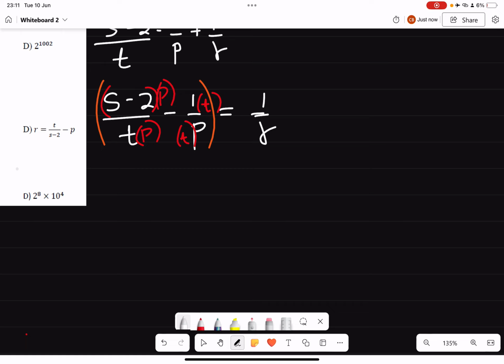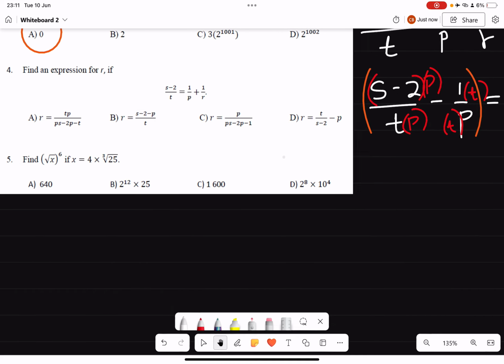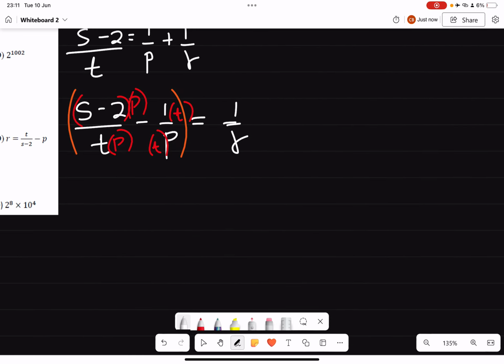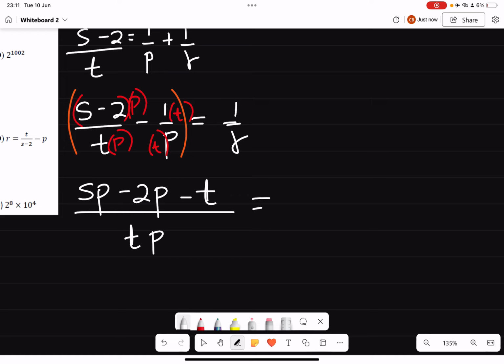And then we can see that that is going to give us how much? It's going to give us, let me just check something. Okay, yes. That is going to give us sp minus 2p minus t all over tp, which is 1 over r, right? But I'm not solving for 1 over r, I'm solving for r.